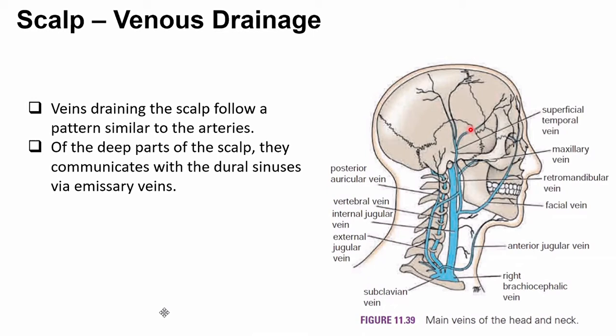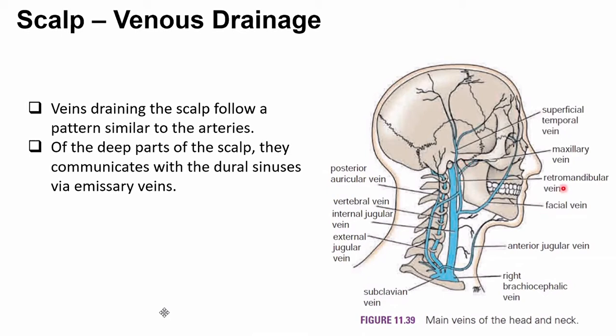Unlike the veins, the venous drainage of the thyroid, if you remember, hindi siya talaga nagfa-follow sa pattern ng artery. But this one, if there's a supratrochlear artery, there's also a supratrochlear vein. If there's a supraorbital artery, there's also a supraorbital vein. So they follow a pattern. If there's a superficial temporal vein, there's an artery there too.